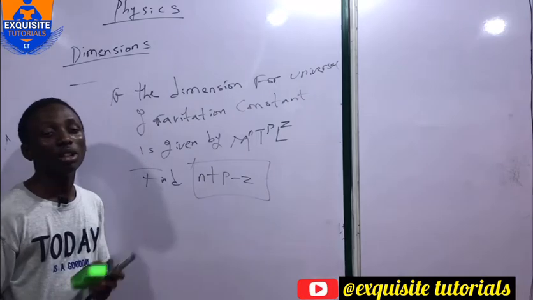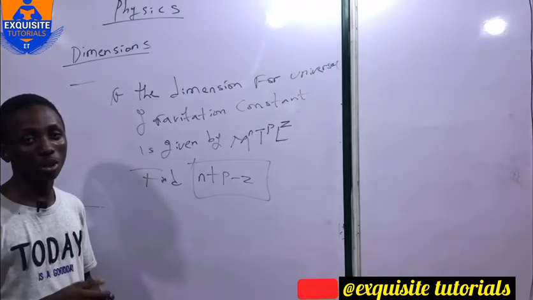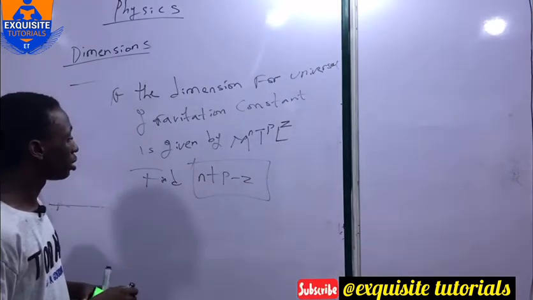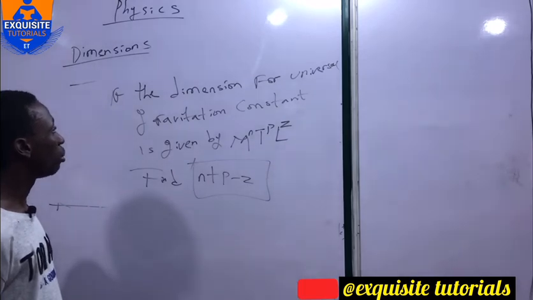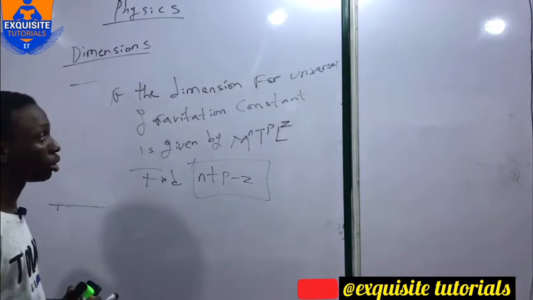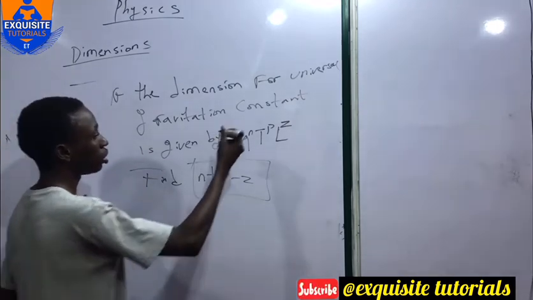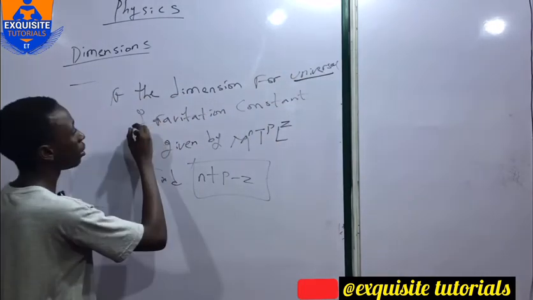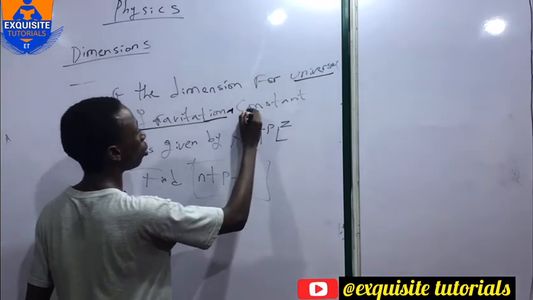Okay, now to solve this kind of question, you first look for the dimension of what was stated in the question. Now what was stated in the question was the universal gravitational constant.